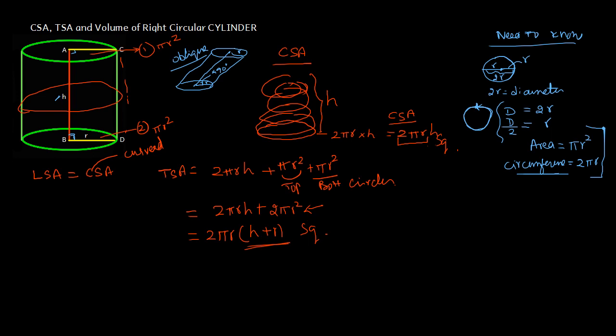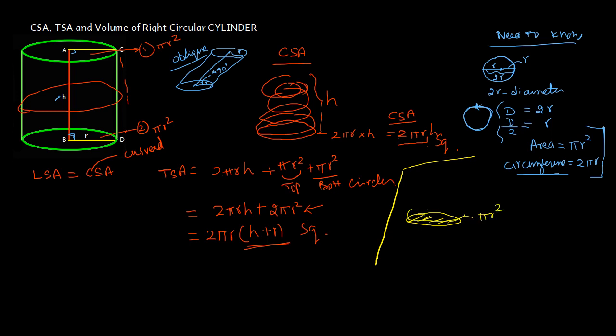Now let's find out the volume. Volume is what we actually fill inside. How much is the capacity? If that is a container, how much can I fill? That's the volume it's going to take. Now if I take volume, exactly the same way, let's take a circle. Instead of surface area, I'm going to take the area. My area of circle is pi r square.